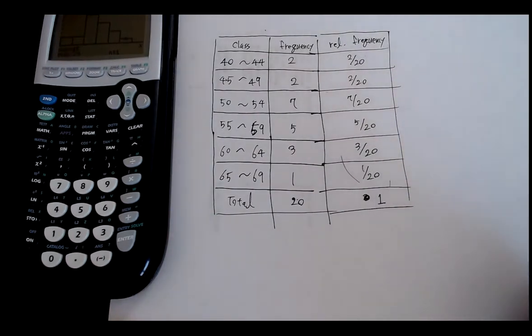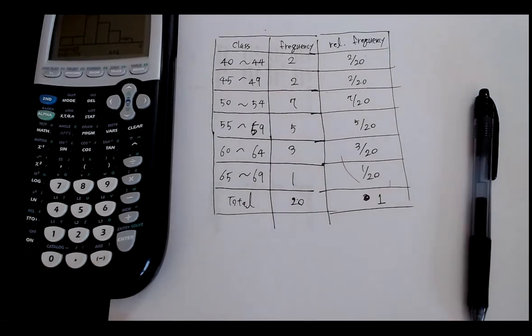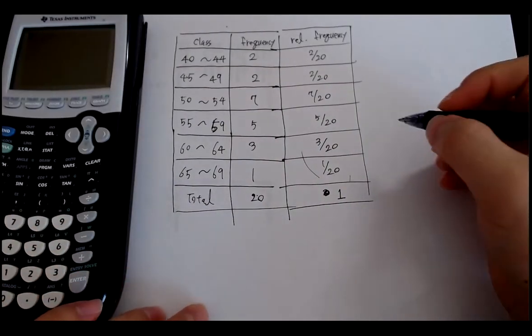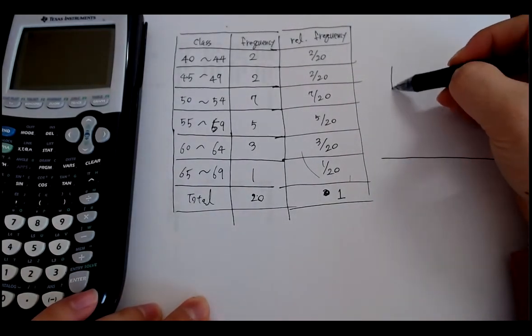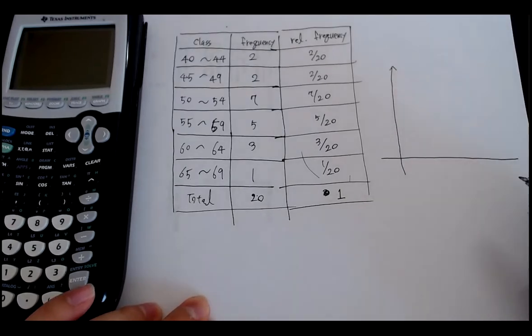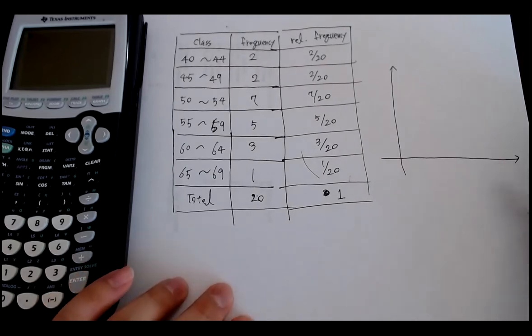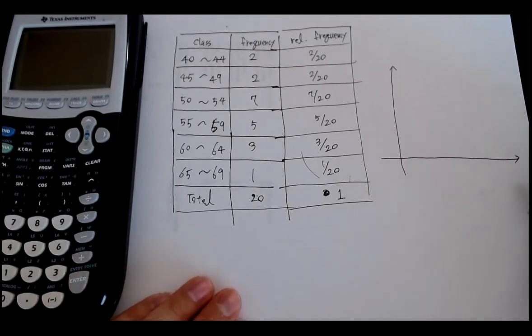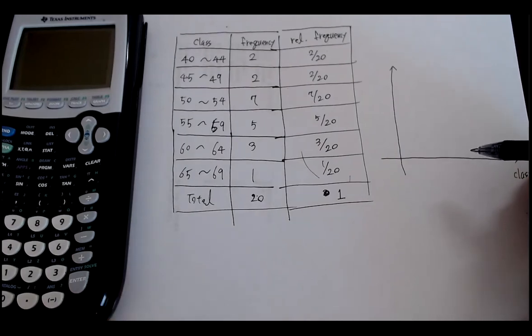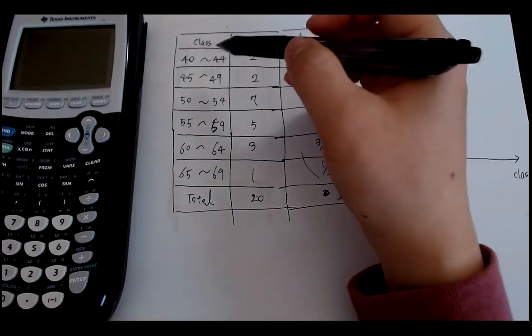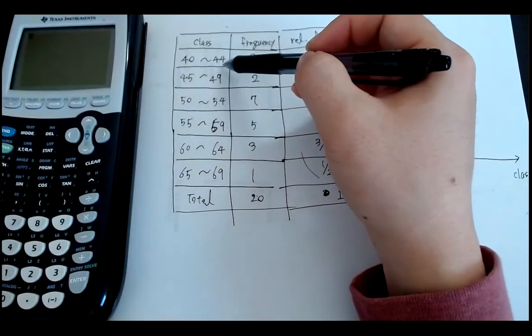All right, so now let's plot the frequency polygon. To plot the frequency polygon, we just draw the two axes. Okay, first, the horizontal axis represents the middle class, or you can say class. We're going to figure out the middle class, which is the middle value between the lower class limit and the upper class limit.